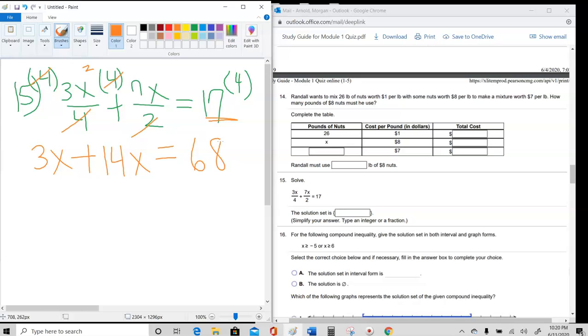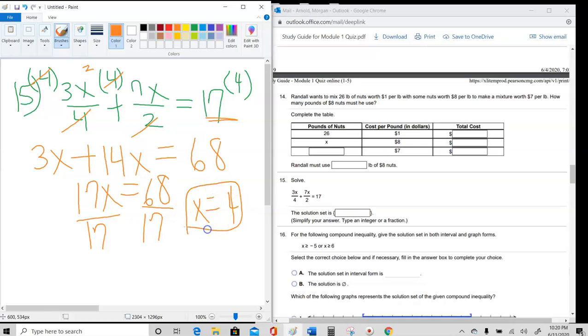Now we have a pretty routine equation to solve. So when we combine our like terms, we get 17x equal to 68. And finally, when we divide both sides by 17, our answer is x equal to 4.